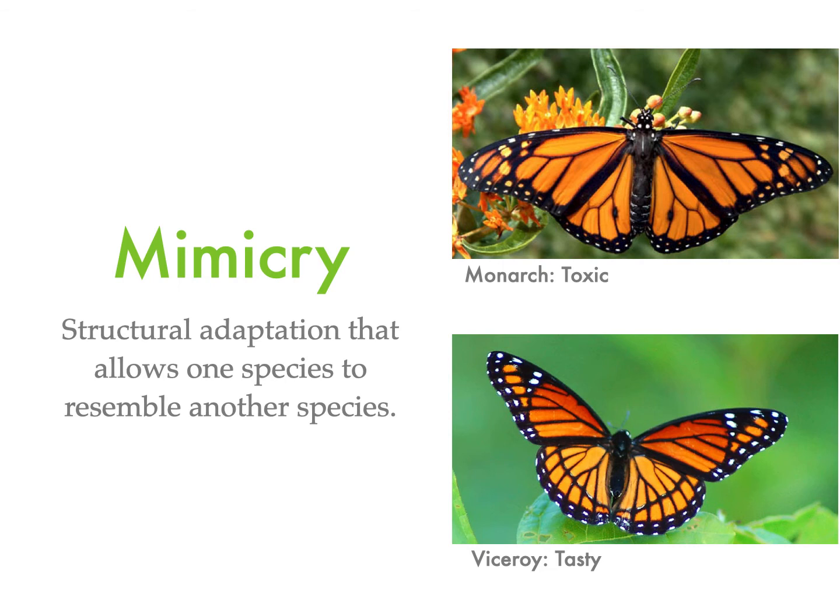Probably not enough so that it was left alone, but enough so that less of them got eaten if they had a little bit more of that color. And over time, natural selection quite literally sculpted it because it selected for the genes that allowed it to look more and more like the monarch.